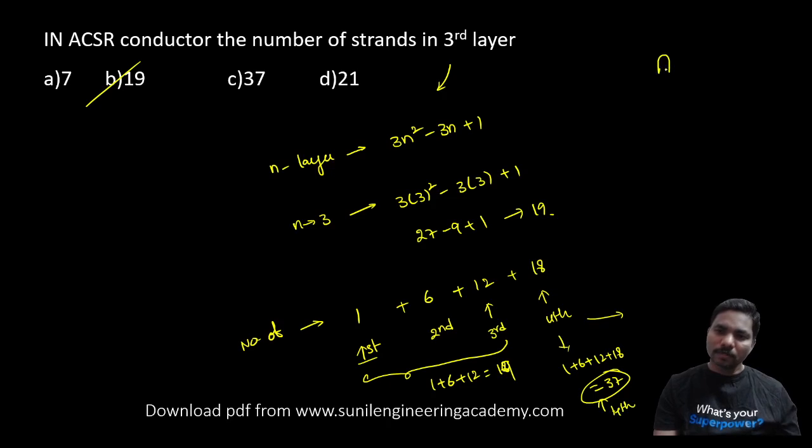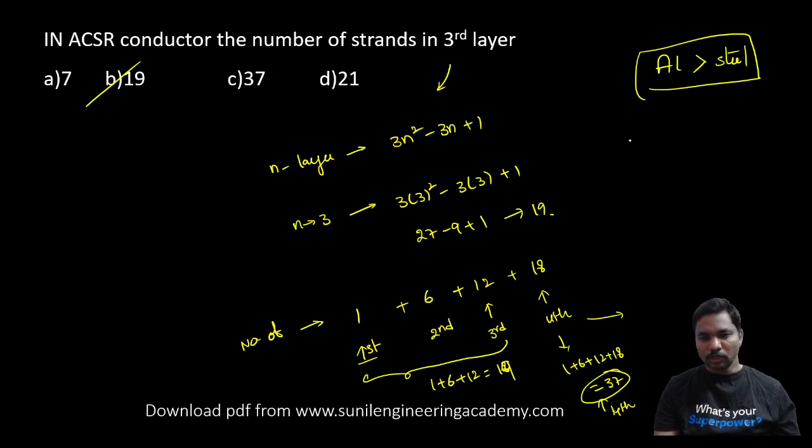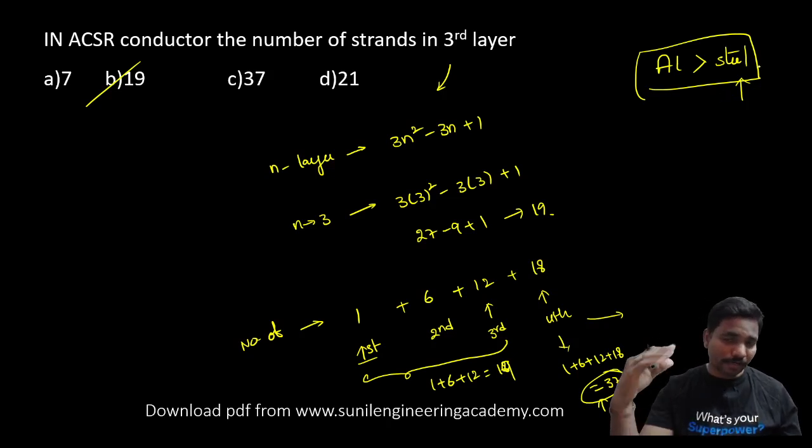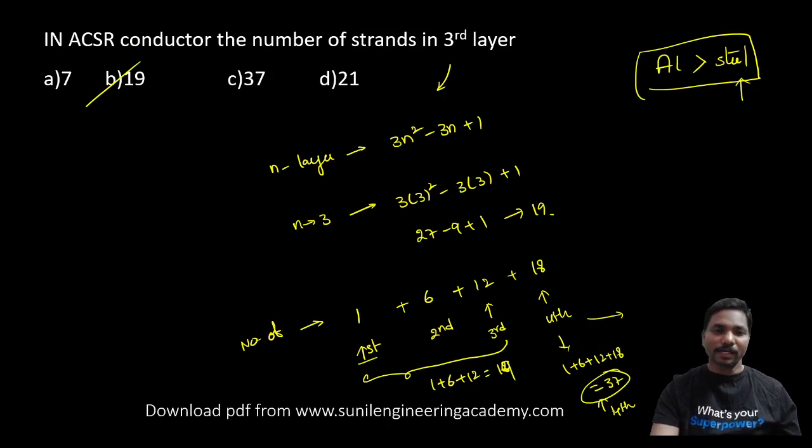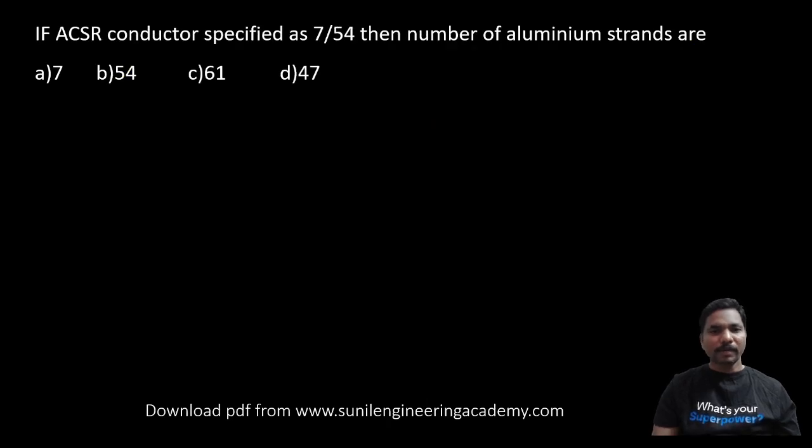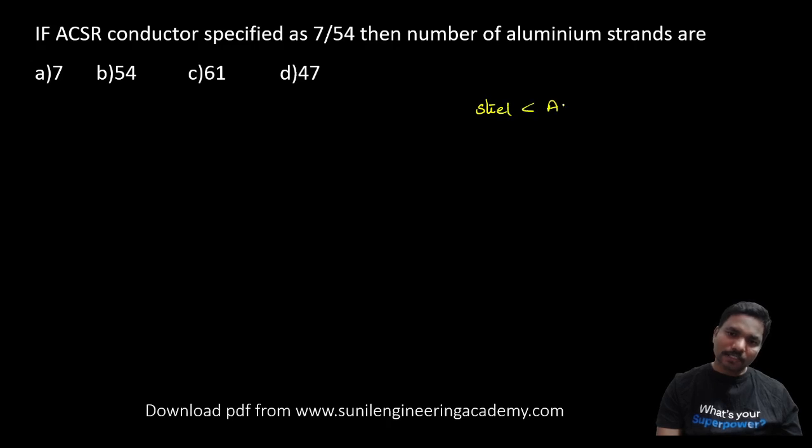And always one more thing, aluminum strands are greater than steel. Aluminum is used as a conductor, steel is just for getting the mechanical strength. Steel has high resistance, so we would get very high losses, so we take very few. Whatever they have given, like 7 by 54, steel is always less than aluminum.